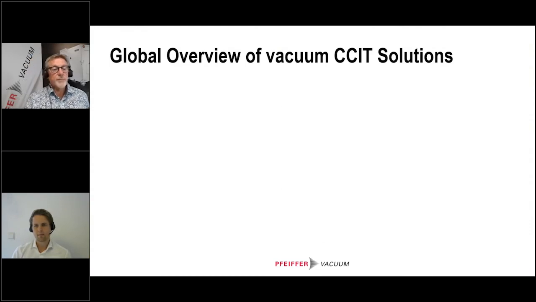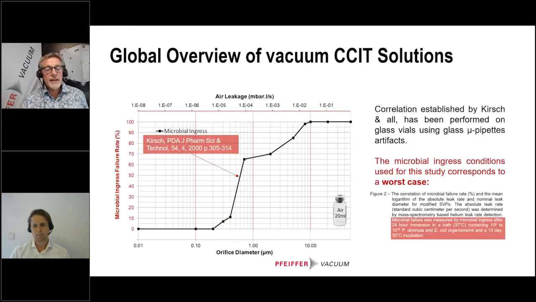To conclude this webinar, I just want to summarize on one slide the different vacuum CCIT solutions. So let's consider again the Kirsch study with this curve, the microbial ingress failure rate versus the orifice diameter, with this mole level at 0.2, 0.3 microns.